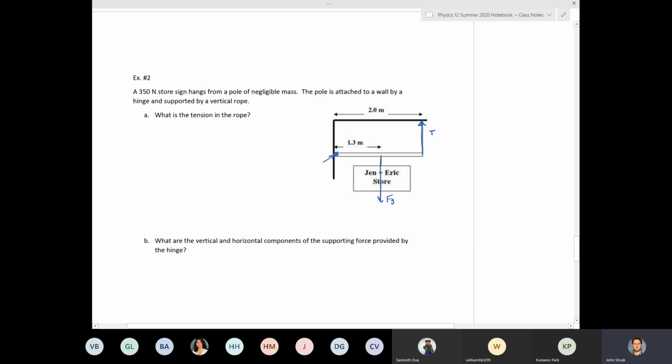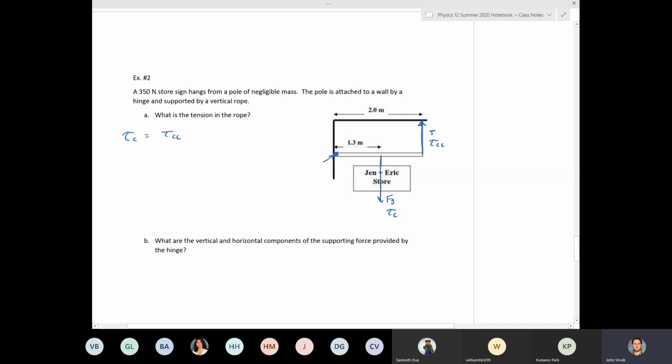Which way? Well, if you blocked out the tension, this force of gravity would pull it downwards, which would rotate it clockwise. And if you only had the tension, this would cause it to rotate counterclockwise. So I only have two forces acting here, so torque clockwise equals torque counterclockwise.